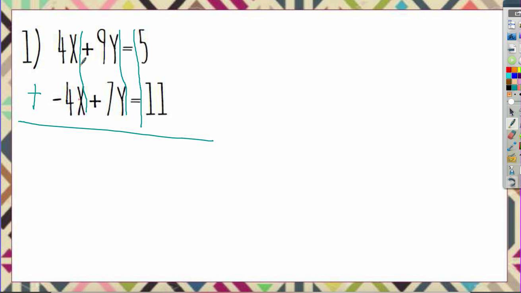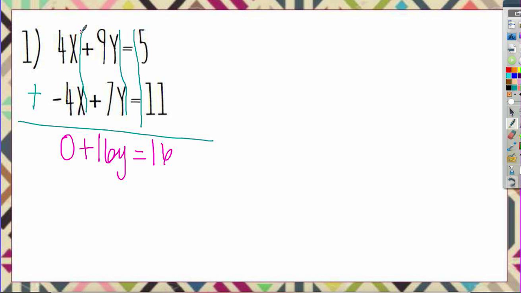So we're in luck. This is a zero pair. It will cancel out the x's because 4 plus negative 4 is just 0x, or 0. 9 plus 7 will give us 16y, and 5 plus 11 will give us 16. So now that my x's are gone, all I have is y left.